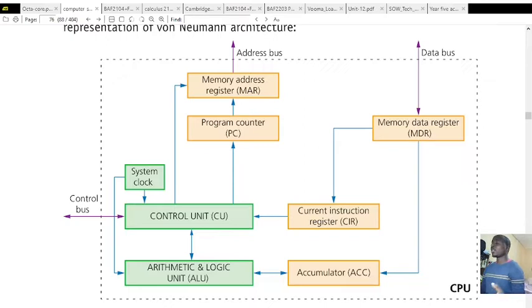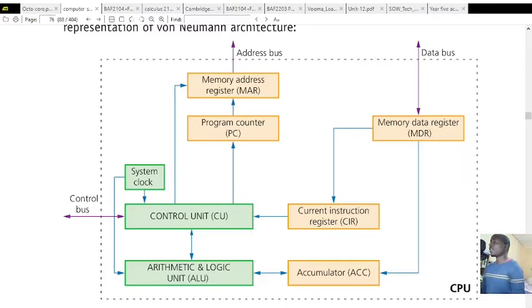awaiting processing from the control unit, which is basically the controller and the executor of most of the tasks going on within the system.